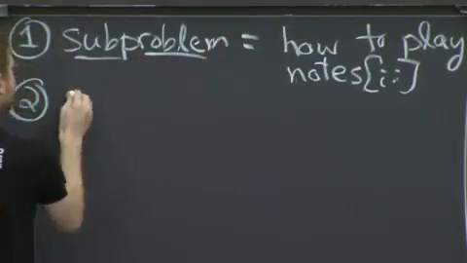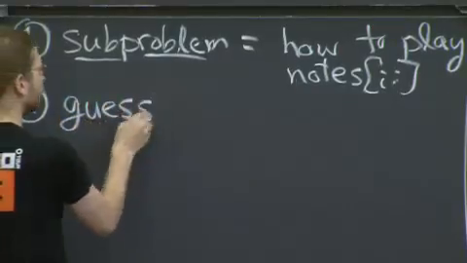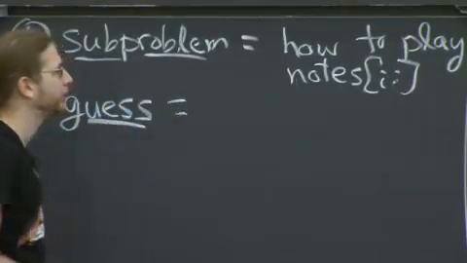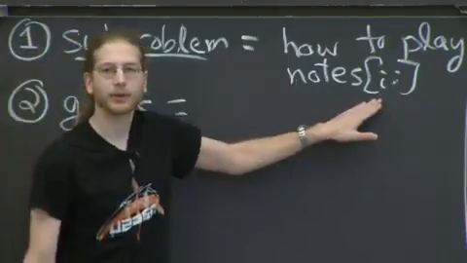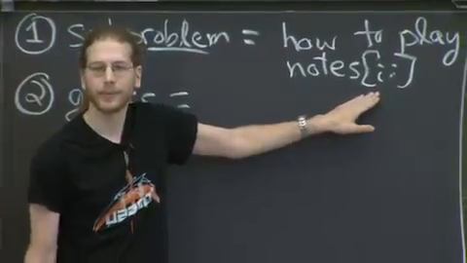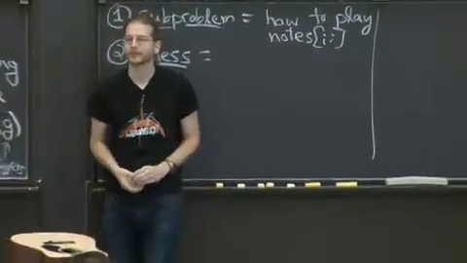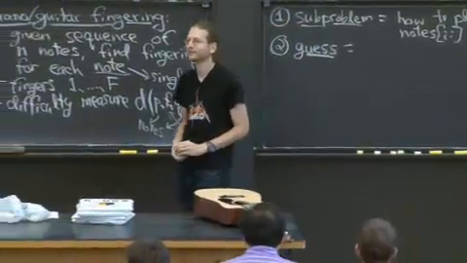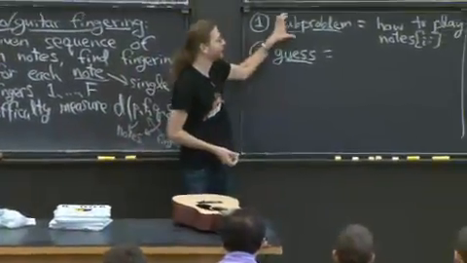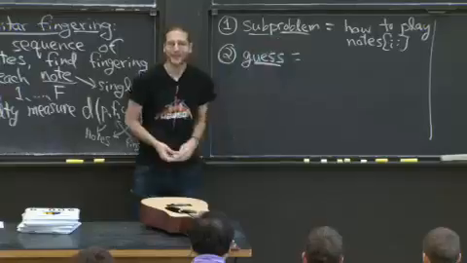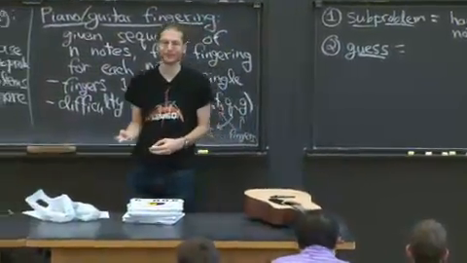Okay, then we need to guess something. What's the obvious thing to guess, given that I need to play notes I onward? Think a little harder. This one you shouldn't have to think. That's what I tell you: always try suffixes, try prefixes, try substrings.